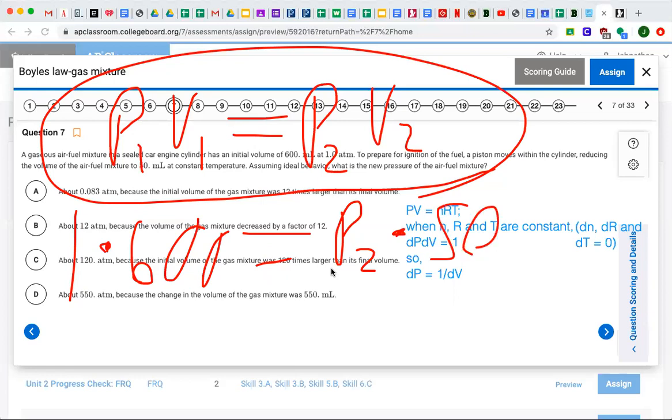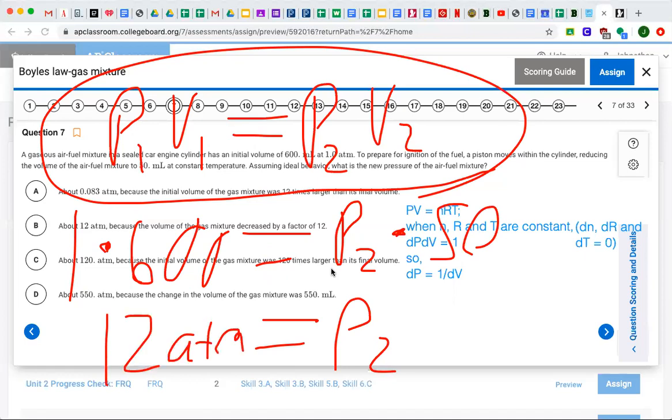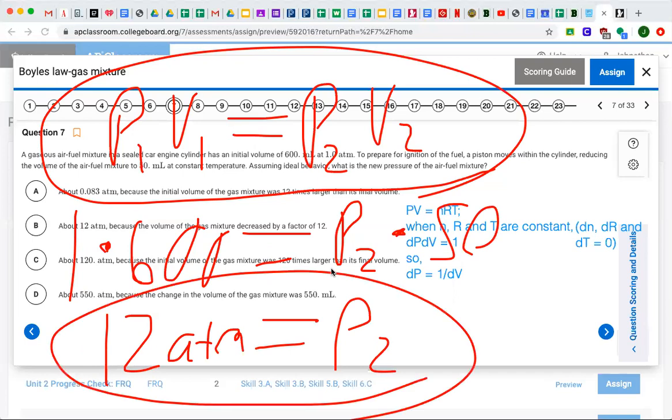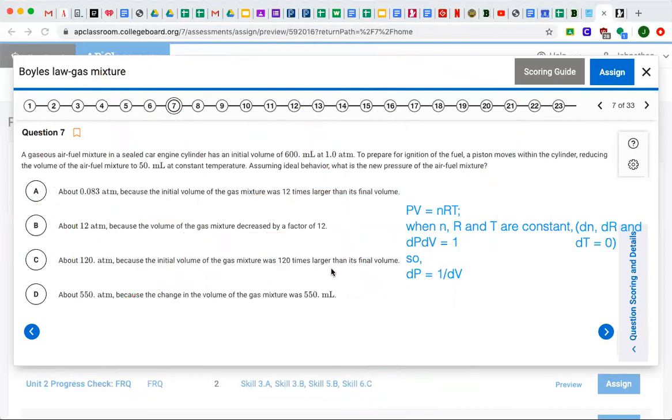If you do the math, you divide both sides by 50, and P2 equals how many atmospheres? 12. Yep, 12 atmospheres, and that's answer choice B. All right, any questions? Okay, so there we have it.